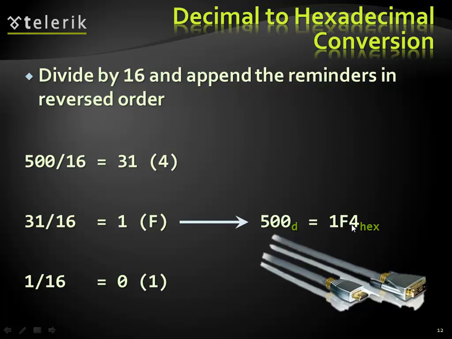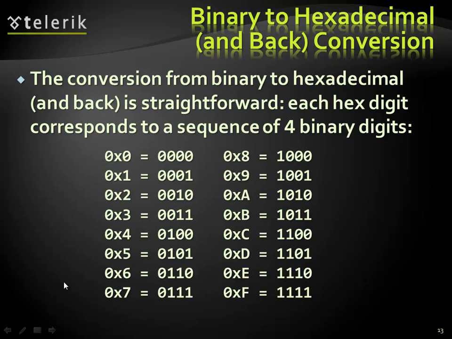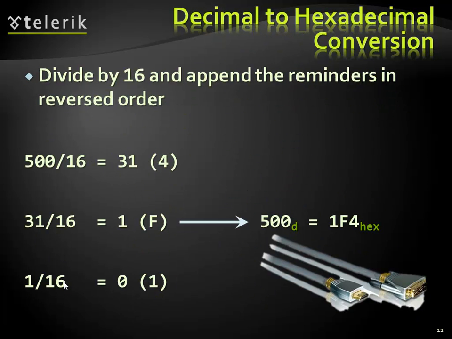So that 4 will go to the least significant point. Then we're taking the remainder, 31, we're dividing it again, we're getting 1, and 15 is the remainder, so it represents by F, and so on and so forth. This process is also quite automatic. I mean, this trick is not much of a trick.